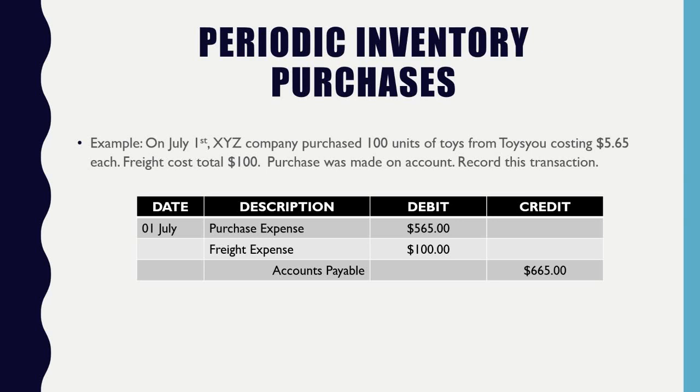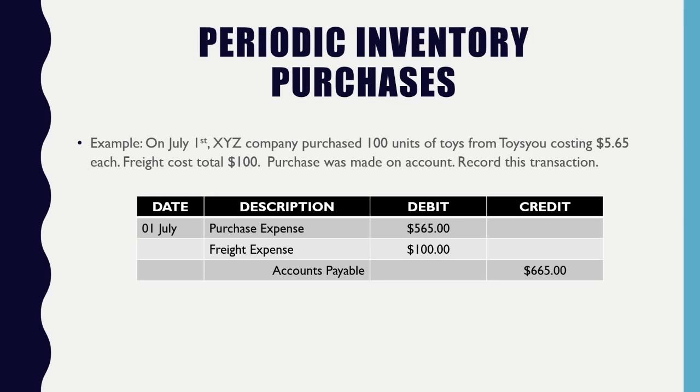No questions? All right. So once again, when we look at this example right here, this is what we're going to be practicing for the rest of the class, is that here we recognize that we're making purchases of inventory. And this is exactly how I journalize it, is that I'm going to separate each expense.